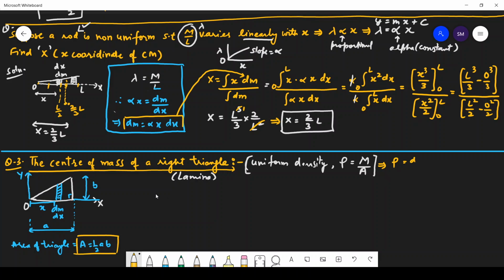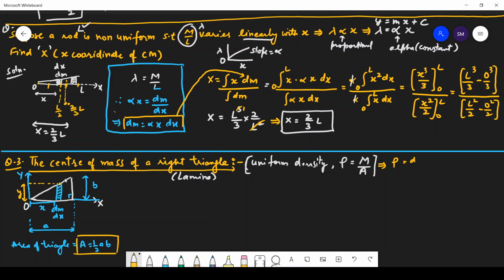So let us start that, but as in all the questions where we have calculated the dm, what will this dm be equal to? If this distance is x, then obviously here you will take this distance as y. So this coordinate is (x, y). Right?